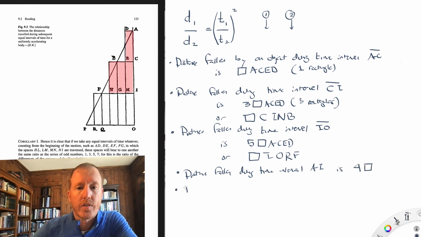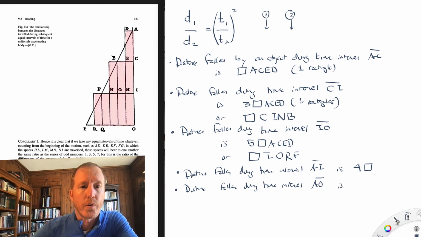And the total distance fallen during the time interval given by AO, that is that entire time of fall, is going to be what? Well, 1, 2, 3, 4, 5, 6, 7, 8, 9 rectangles. So in 1 unit of time, it falls 1 rectangle. Then in 2 units of time, it will have fallen 4 rectangles. And in 3 units of time, it will have fallen 9 rectangles.